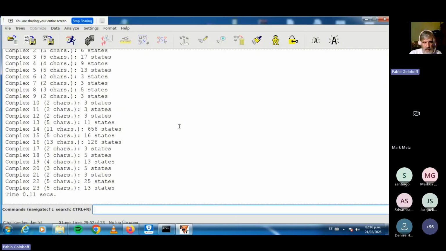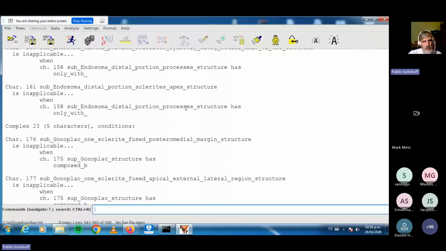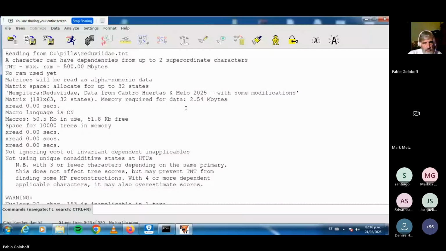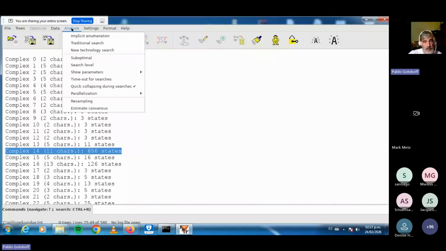If I ask the program to tell me what the relationships between characters are, those are the ones. And you can see that there is one complex which comprises 11 characters, which has 656 states. So, for example, this one is going to take some time to run.